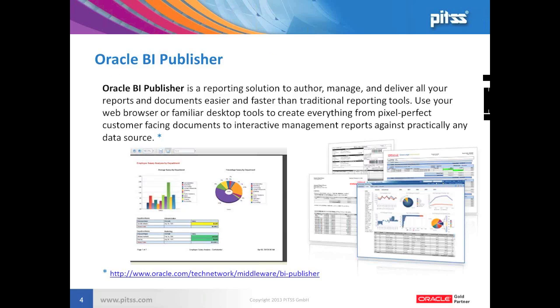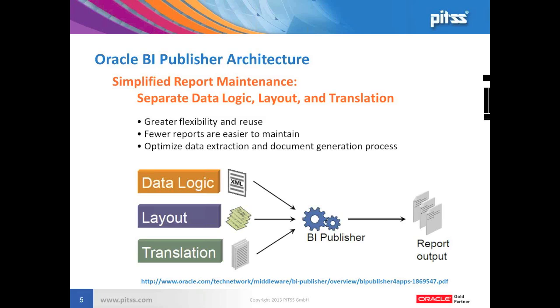So let's go further with the BI Publisher architecture. If we analyze the architecture of a BI Publisher report, we can see that it's based on three main components. First, data logic, known as a data model. This component contains the select statements, the sources for our reports.